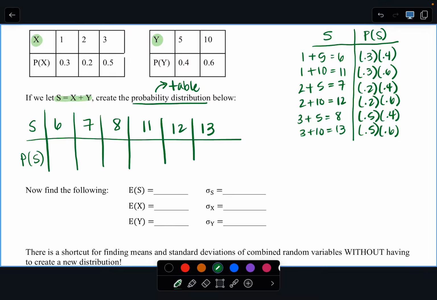I'm finding each of these multiplications and using those to fill in my table. When I multiply those together, I get 0.12, 0.18, 0.08, 0.12, 0.2, and 0.3.